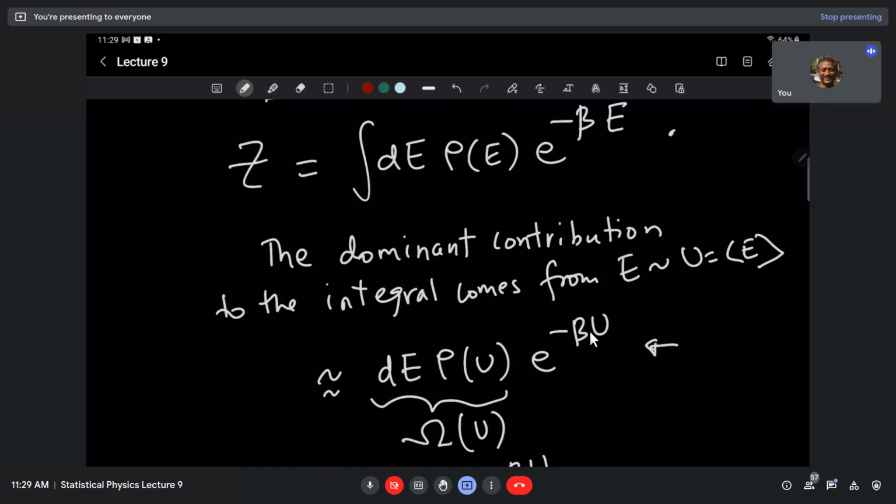I've replaced the integral by just taking the contribution at some U, at E equal to U. So this is the contribution near E equal to U with some width, which I'm not specifying, which I write as dE.